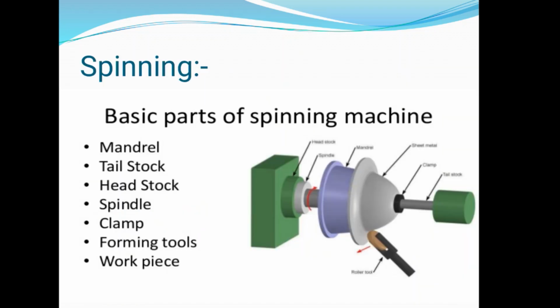Spinning: first we can see the basic parts of a spinning machine. Those are the mandrel, tailstock, headstock, spindle, clamp, forming tools, and workpiece. Spinning is nothing but a rotating process on sheet metal.